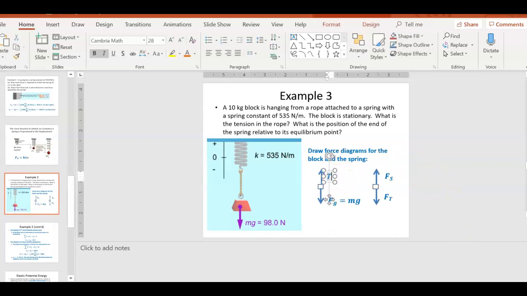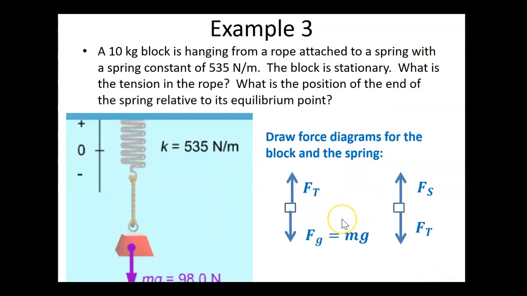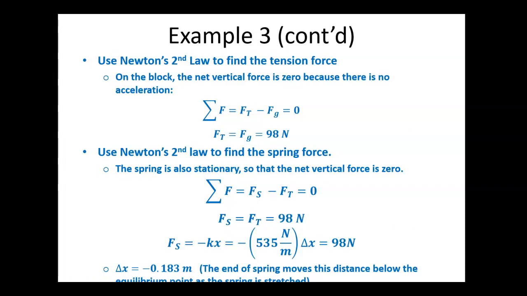This should be tension. The spring is feeling the tension of the rope, pulling it down, and then of course the spring force is pulling up in the opposite direction. So because the block is at rest, the net force on it is 0.